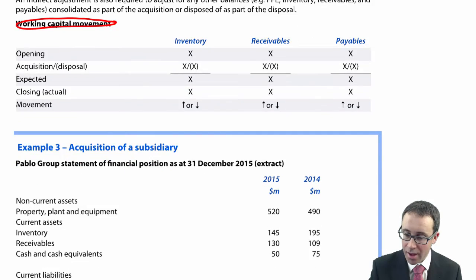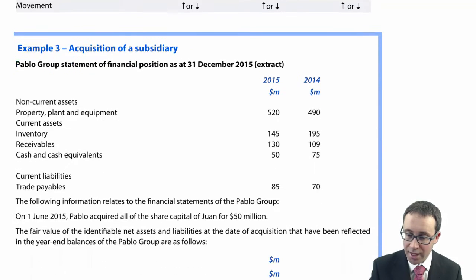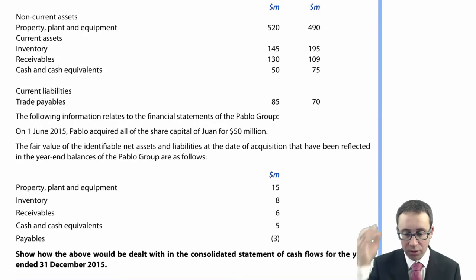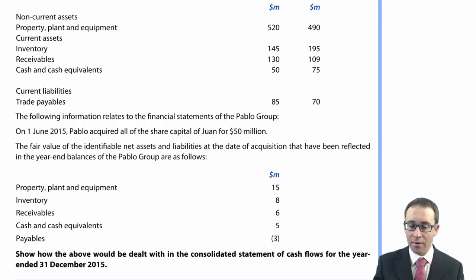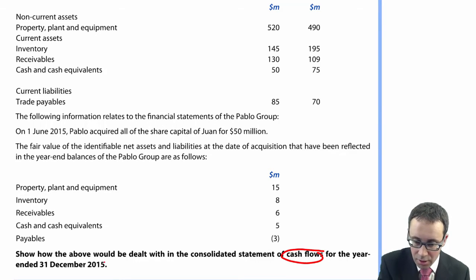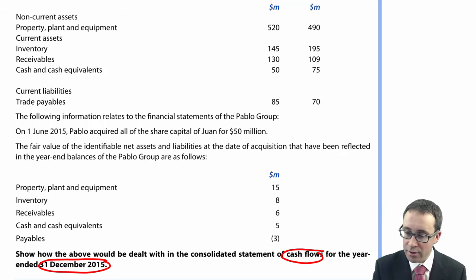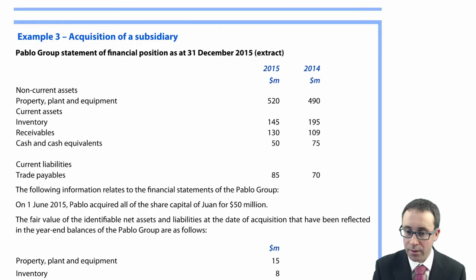So let's have a look at the example and pull it all together. It's a brilliant example, looking at the acquisition of a subsidiary. It says, show how the above would be dealt with in the consolidated statement of cash flows for the year ended December 2015. Okay. So you can see the various bits of information towards the top.